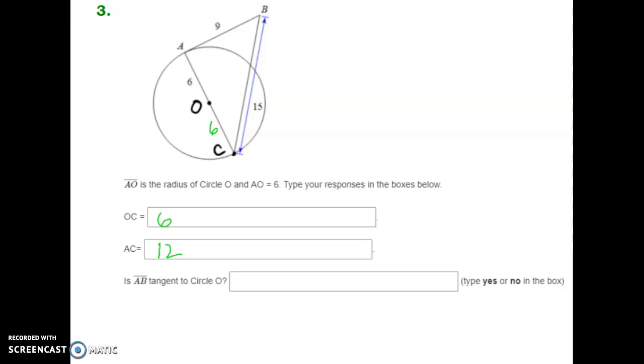And is AB tangent to circle O? Well, we need to know if this is a right triangle. If it is, then it's tangent. So let's see if we can do the Pythagorean Theorem. Why won't my pen work? There we go. 15 squared equals 12 squared plus 9 squared.